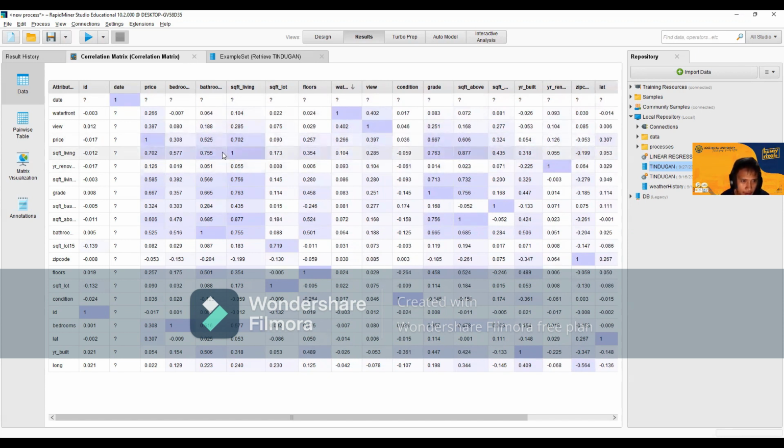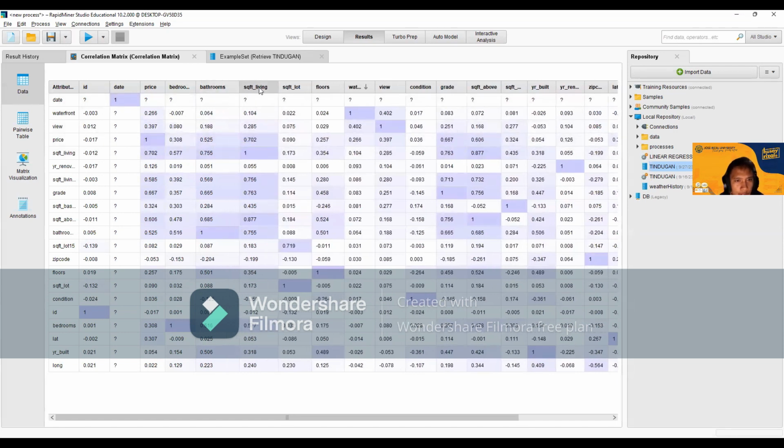So for our independent variables, I think the grade is good because it is 0.67, and the square foot above is also included, and also the square foot living.